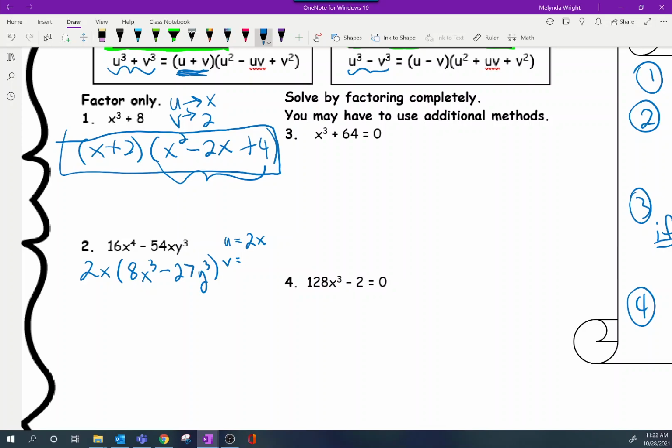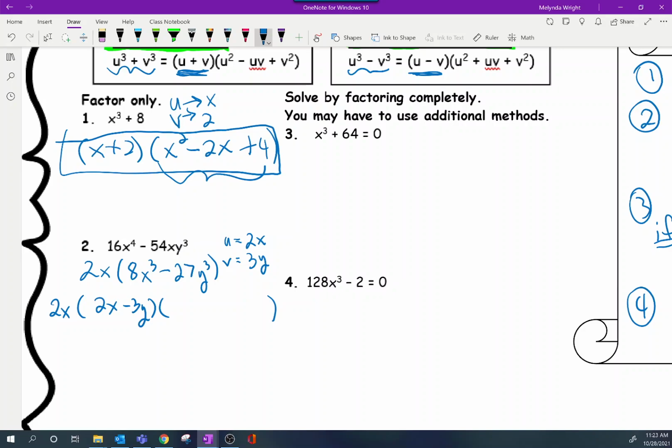Now we're simply going to put the factor we already factored out here, and then we're just going to use the formula. We're going to plug in those numbers. In this formula, I've got u minus v, so 2x minus 3y, that's my u minus v. Then I have u squared, so 2x squared would be 4x squared.